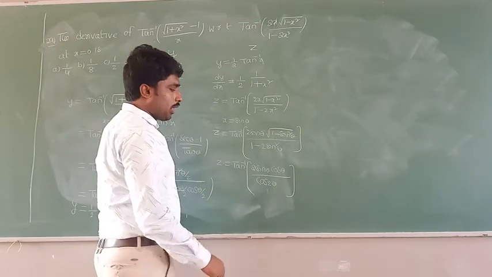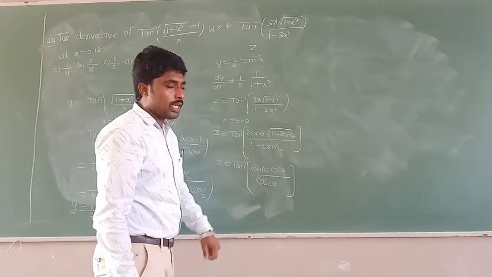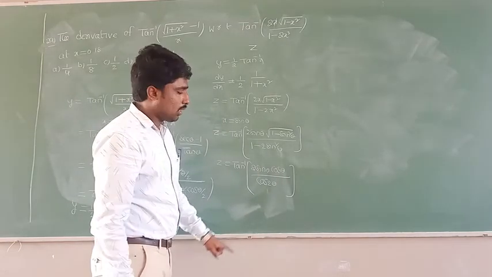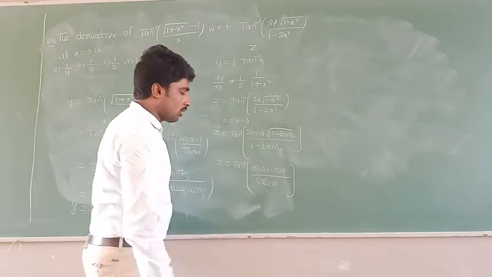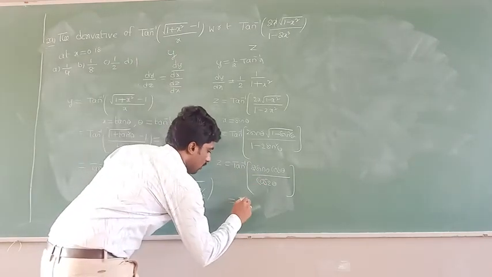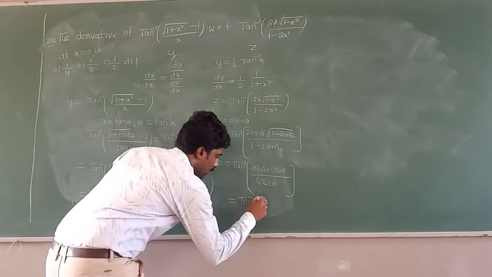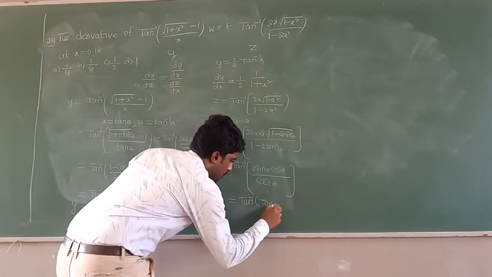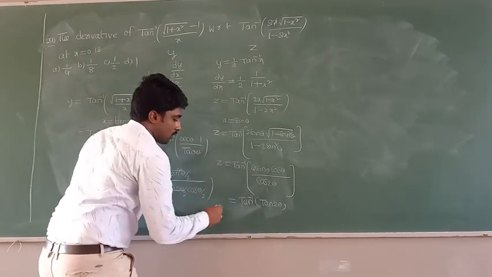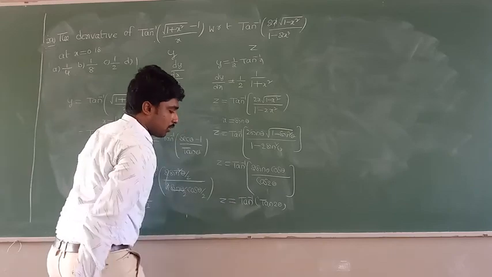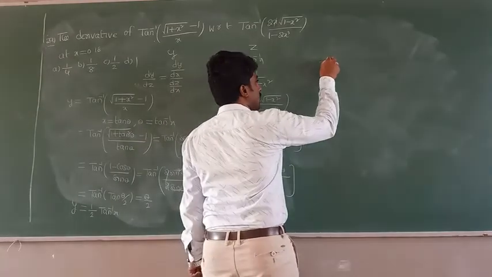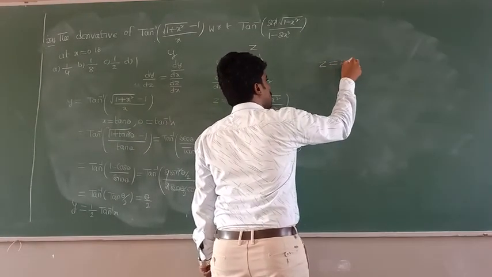Now you see the numerator, 2 sin theta cos theta is nothing but sin 2 theta. Sin 2 theta by cos 2 theta, what do you get here? Tan inverse of tan 2 theta. Okay, so z equal to tan inverse of tan 2 theta. So this one I can write like this, z equal to 2 theta.